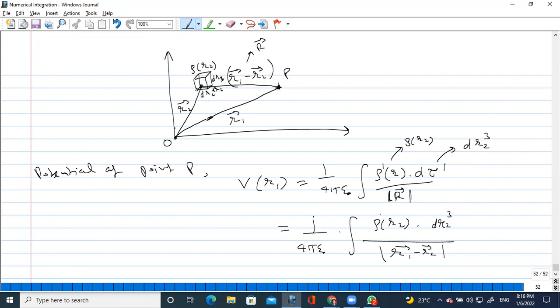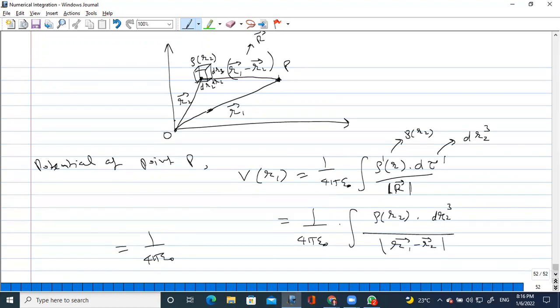In this equation, 1 upon 4 pi epsilon naught is also constant. I am finding here some operator.